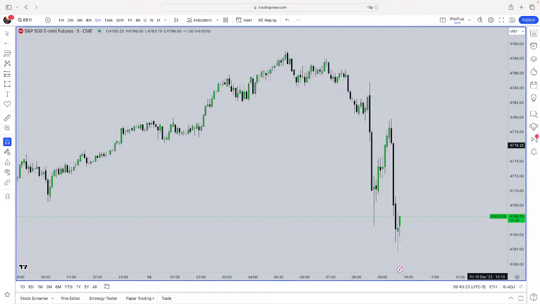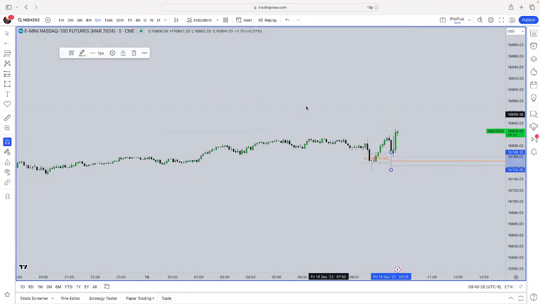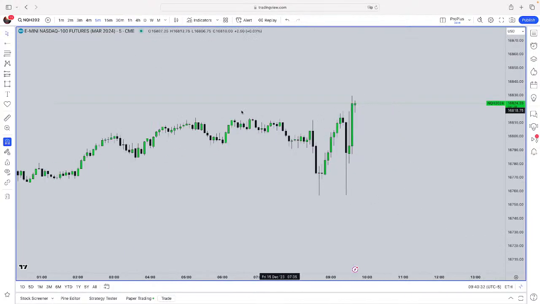Mini Nasdaq. Yeah, we're looking at the Nas now. So it ran these highs here. Did it run that low? I think it left that low intact and then ran this high again. So it's definitely being very aggressive.